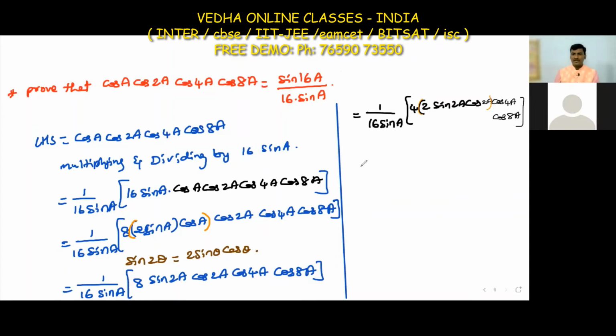So this becomes 1 divided by 16 sin A outside as it is.